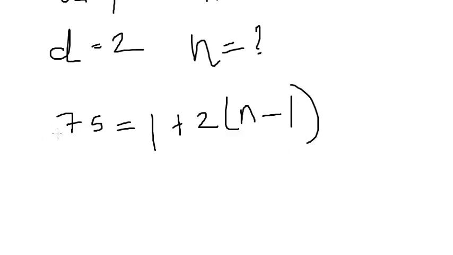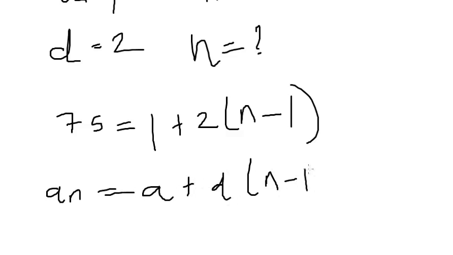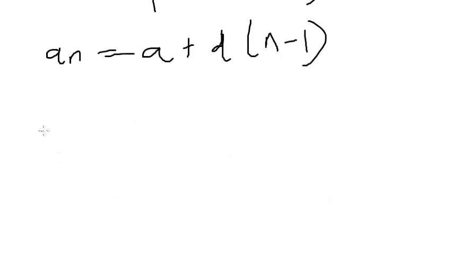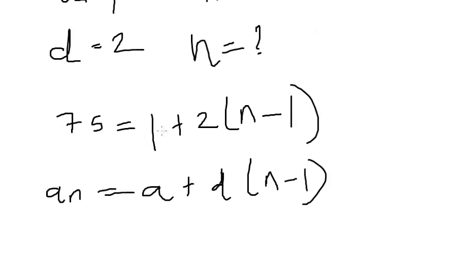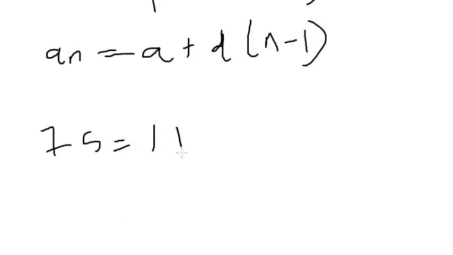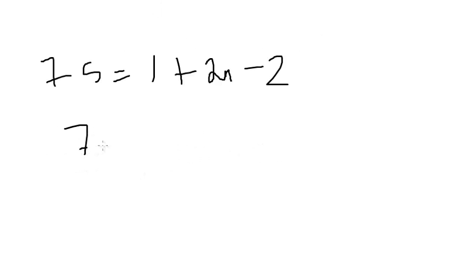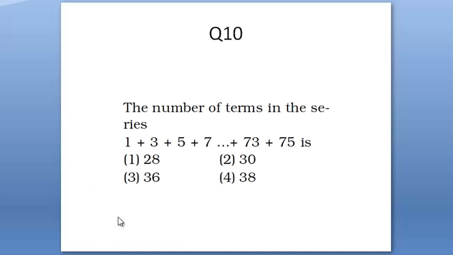This is the formula: AN is equal to A plus D into N minus 1. I'm just substituting it in this formula. When you simplify this, we get 75 is equal to 1 plus 2N minus 2, and from this we get 76 is equal to 2N, and hence N is equal to 38. Right, that is our answer.